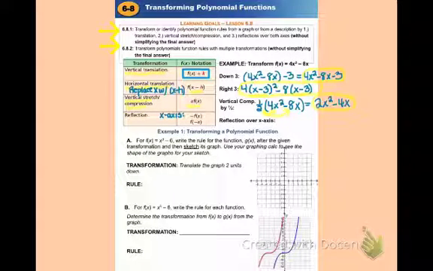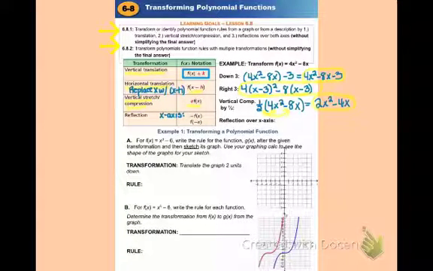So you probably remember when we studied quadratics, if the leading term was negative, it was a parabola that was reflected over the x-axis. Well, basically, if you were to take the opposite of an entire function, polynomial function, it would just essentially reflect that function or that graph over the x-axis.